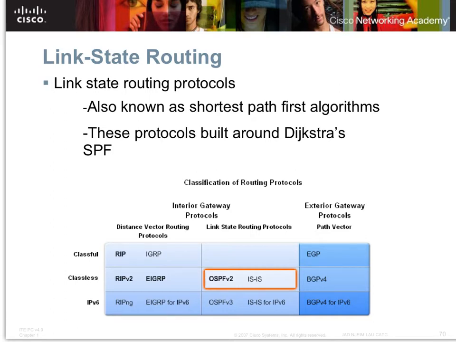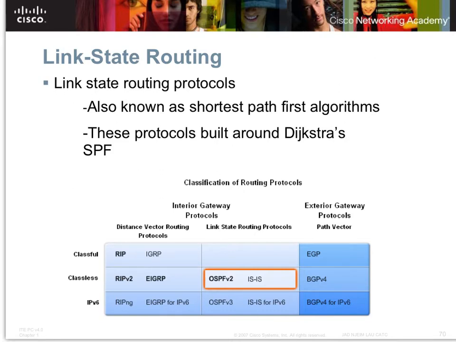And we talked about the definition of the successor, feasible successor, the reported distance and the feasible distance. For loop-free routes to be considered, we have to have the feasibility condition, which states that the reported distance has to be less than the feasible distance, in which case the EIGRP process will put this loop-free backup route in the topology table.